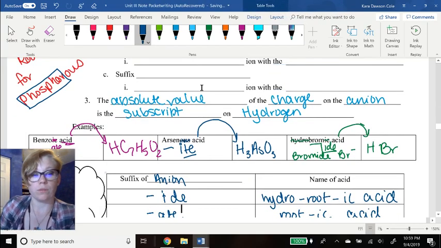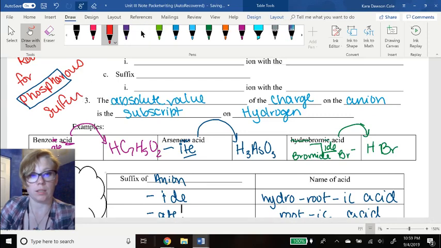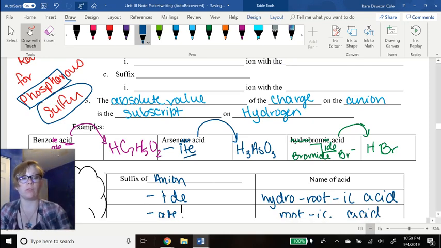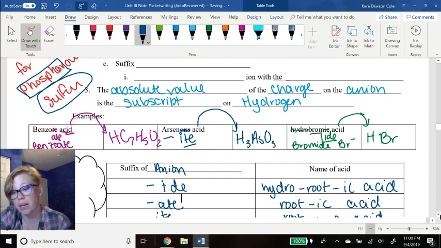The root for sulfur is sulfur, the same root. So anytime you have phosphate, so H3PO4, that would be phosphoric acid. I think it's just to make it sound better. Phosphic acid doesn't sound good. Phosphoric sounds a lot better.